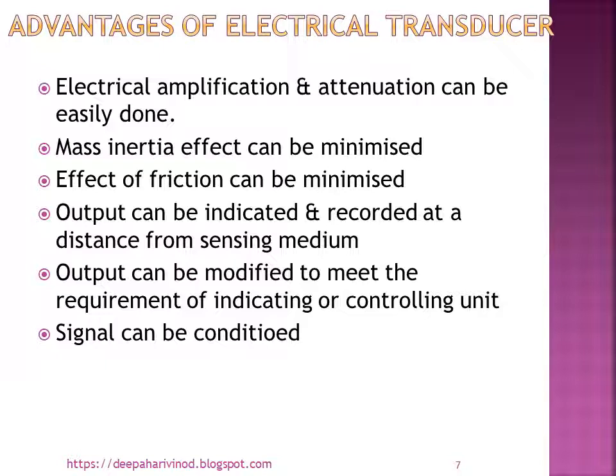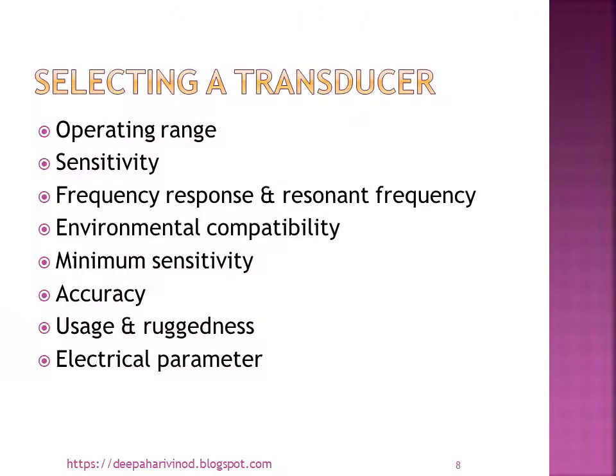Mass inertia effect can be minimized. Effect of friction can be minimized. Output can be indicated and recorded at a distance from the sensing medium. Output can be modified to meet the requirement of the indicating or controlling unit. Signal can be conditioned. So these are the advantages.